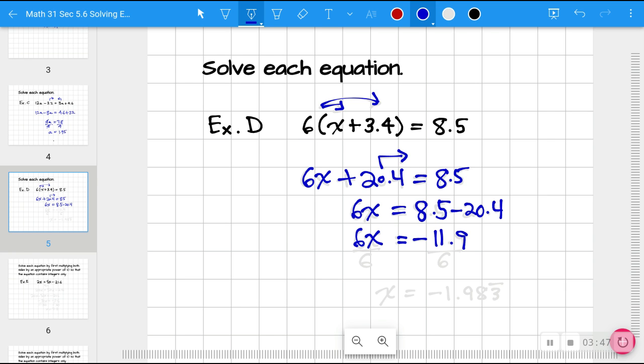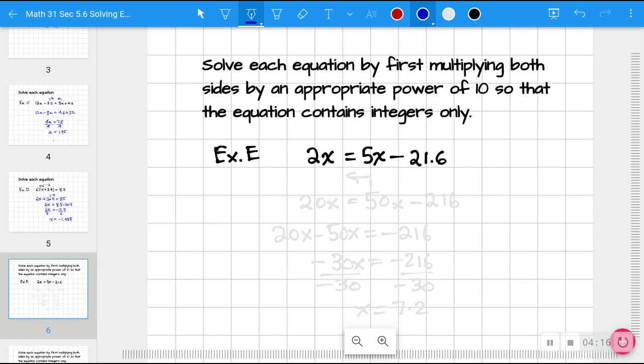And then to counteract the multiplication, we divide both sides by 6. So we end up with an answer. If you take your calculator and go negative 11.9 divided by 6, you're going to get a repeating decimal. And it doesn't start repeating until that 3, so I put the bar above the 3. If you were rounding that to the hundredths, it'd be negative 1.98.